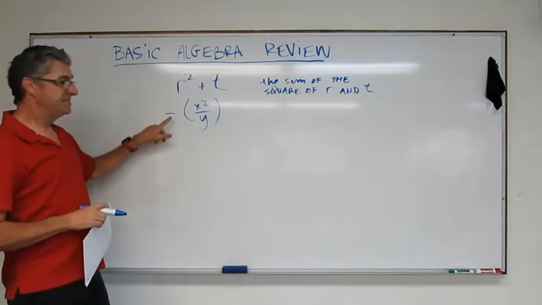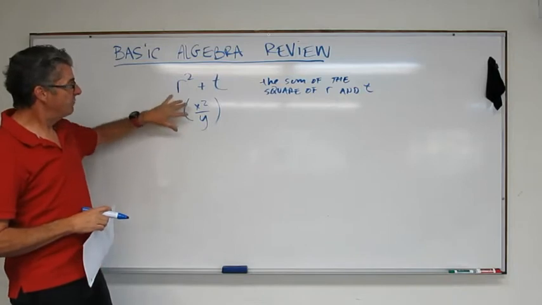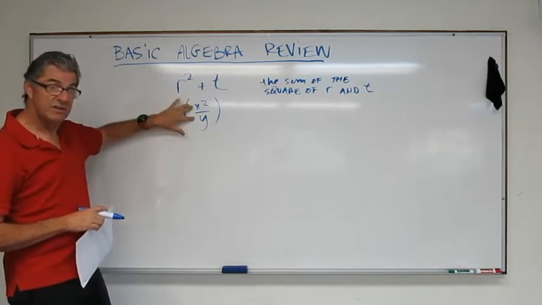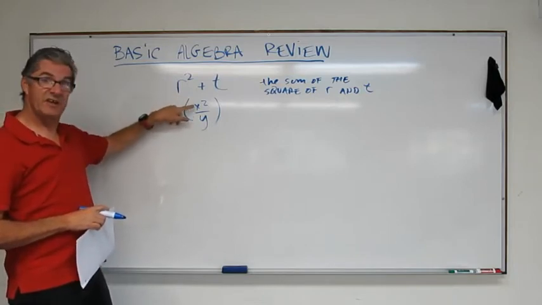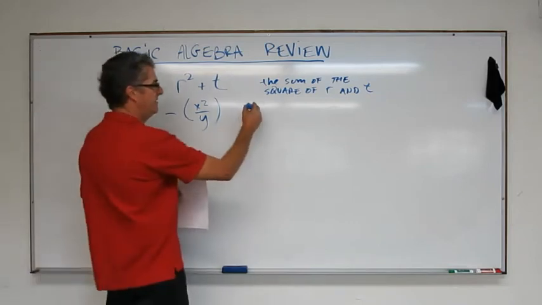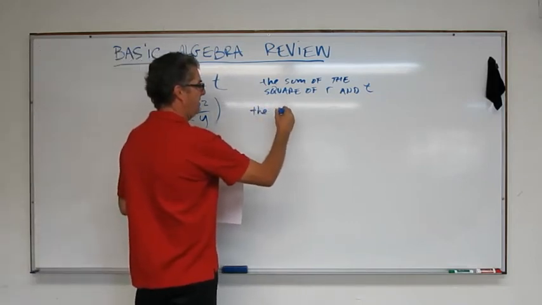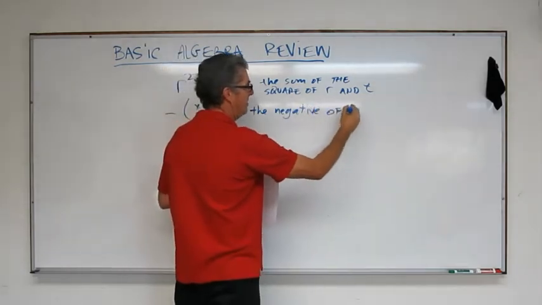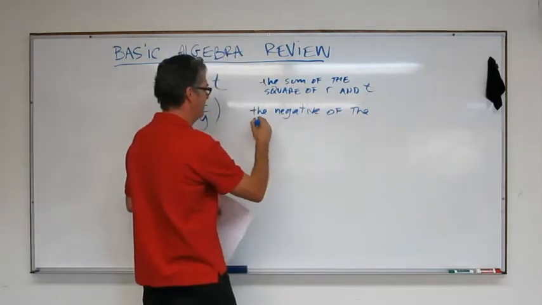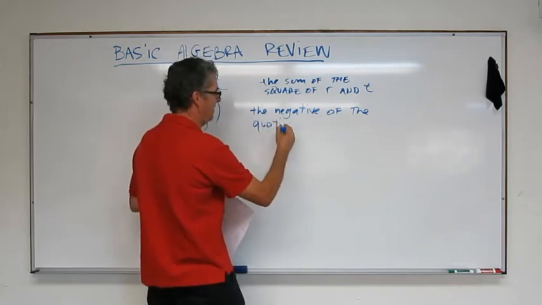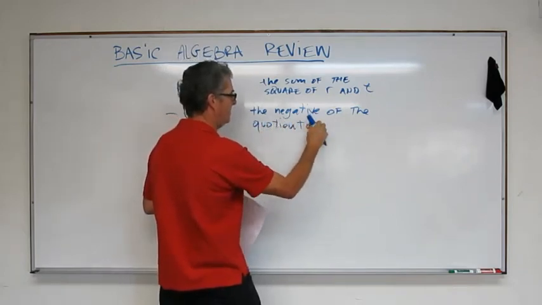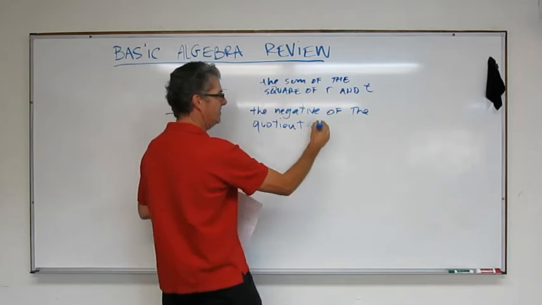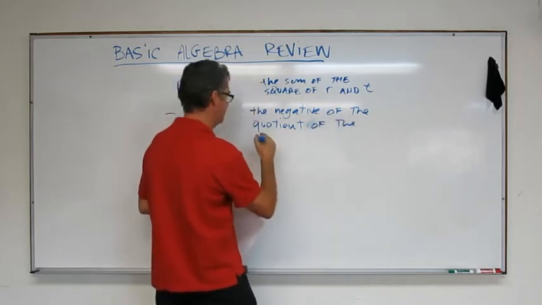What this is, this is the negative of the quotient of the square of x and y.